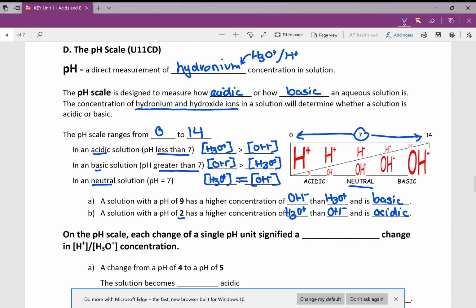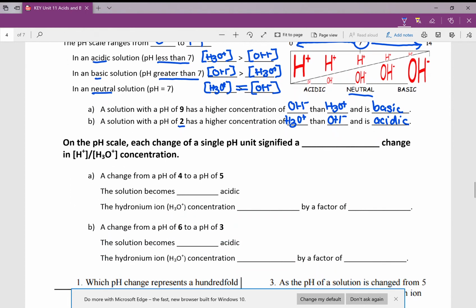Now, on the pH scale, every change of a single pH unit is signified by a 10-fold change in the hydronium ion concentration. So if we compare 4 to 5, and I'm going to make a little number scale here because I think it's helpful for some students. So I'm going to have 3, 4, 5, 6, and this obviously extends in both directions.